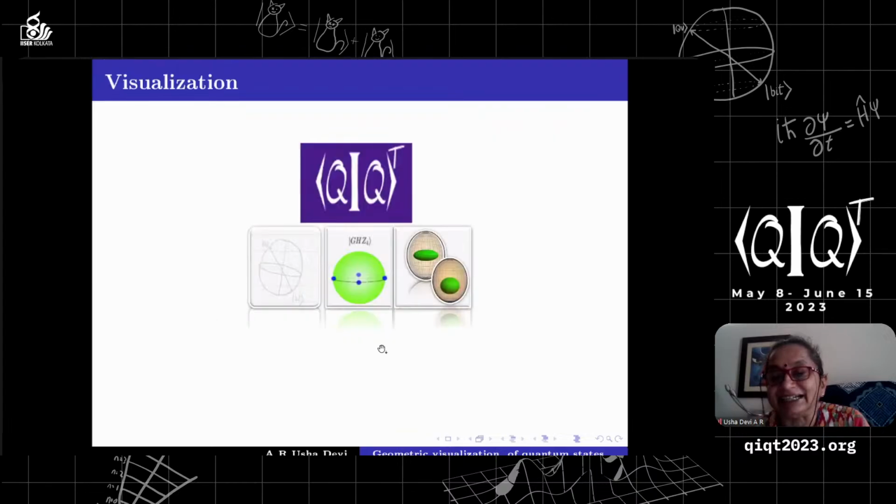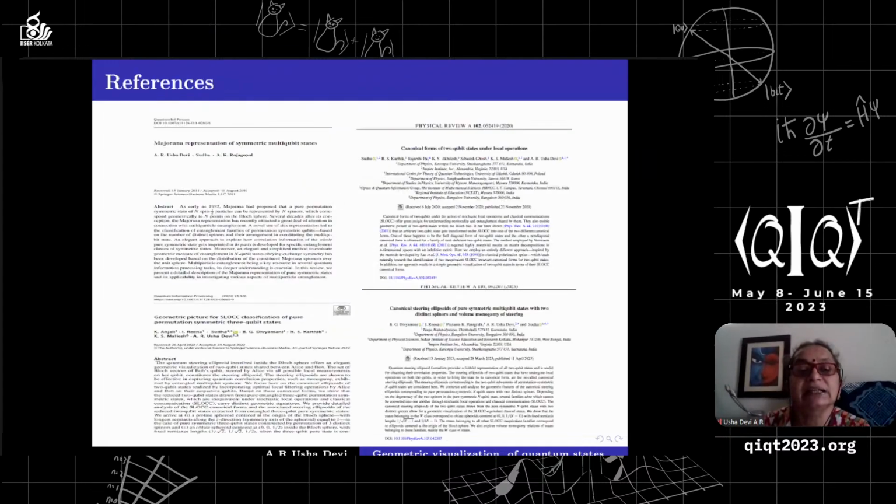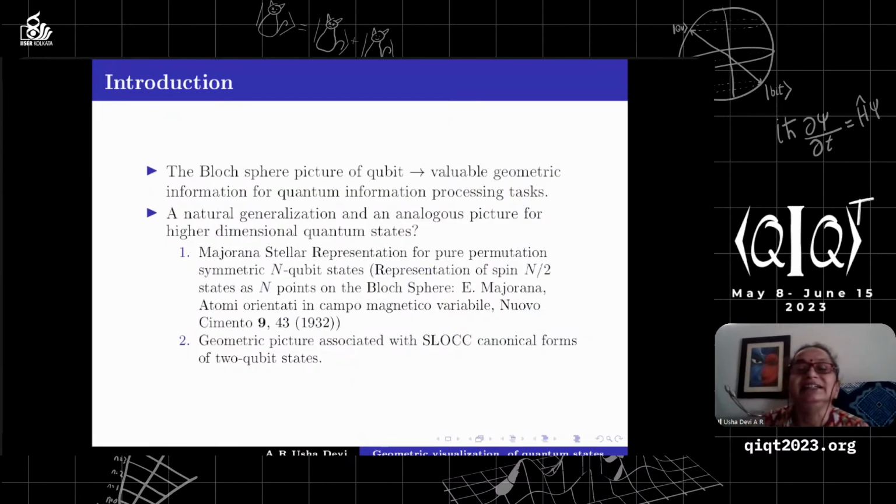These are some of the pictures that I will be talking about: a basic Bloch sphere, then the Majorana representation of pure symmetric states, and the steering ellipsoid picture, and how mathematical analysis and analytical results lead to clear identification. These are the papers, our papers, which I am going to consolidate in a manner in which it reaches you.